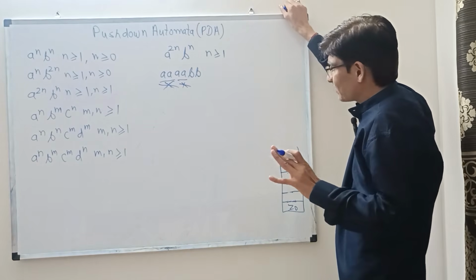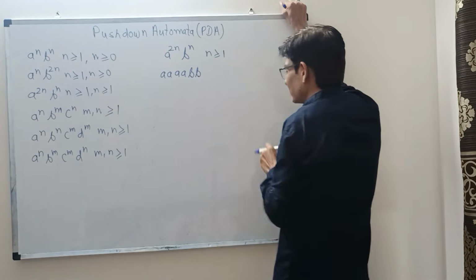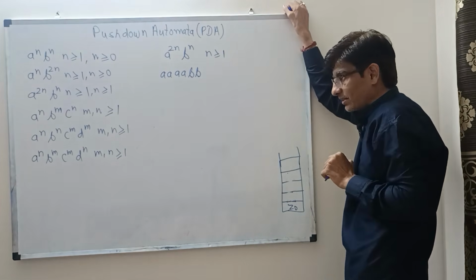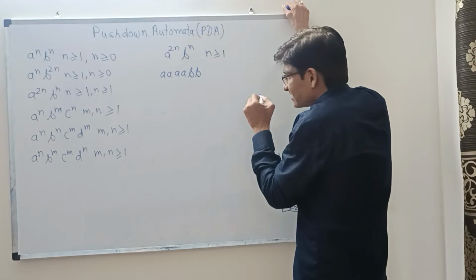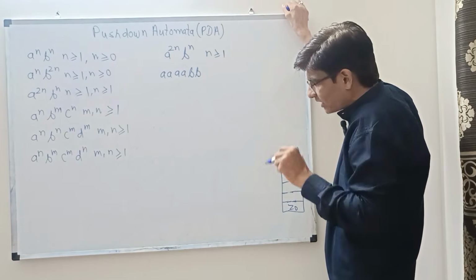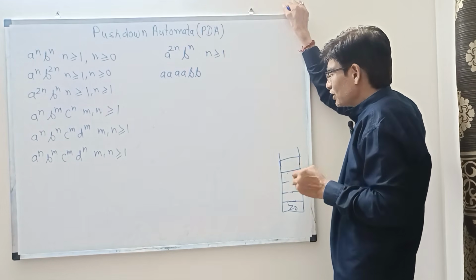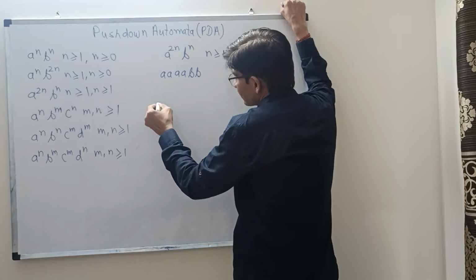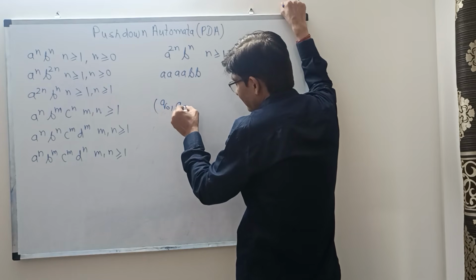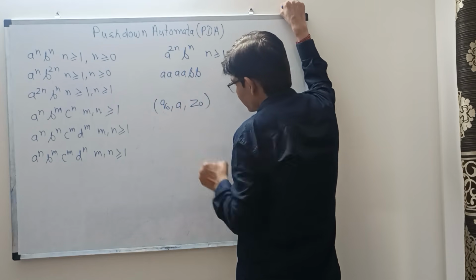So for this particular logic, you can now understand how we will be creating the transitions. When we are reading the first A of each pair, we will only change the state. We will not push any symbol into the stack, and we will not pop any symbol from the stack. We will only change the state. So suppose the initial state of the PDA is Q0 and you are reading A. When you are reading the first A, the stack top must be Z0.